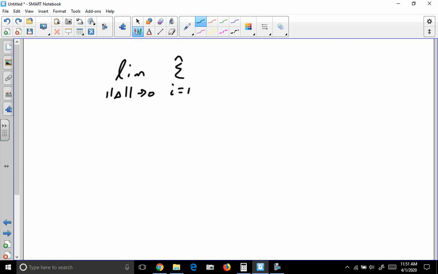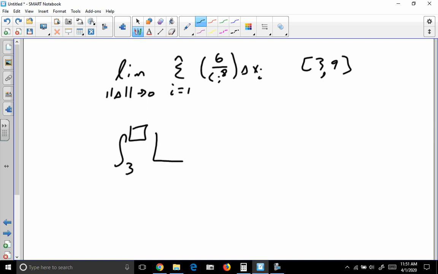They substitute some things into a function, and they tell us our interval, and they want us to translate this into a definite integral. They give us this part, and they want us to fill in this box, and then we're told dx.